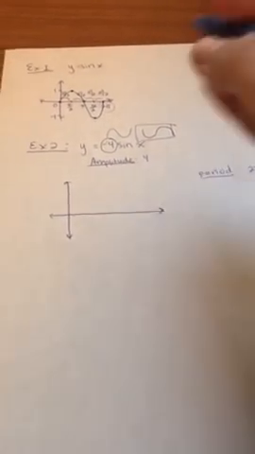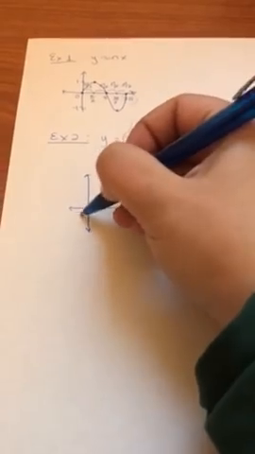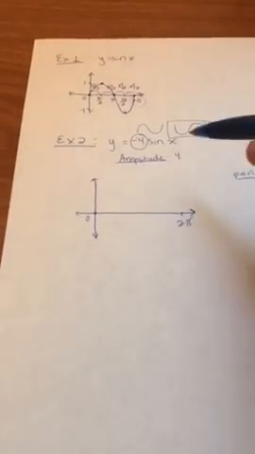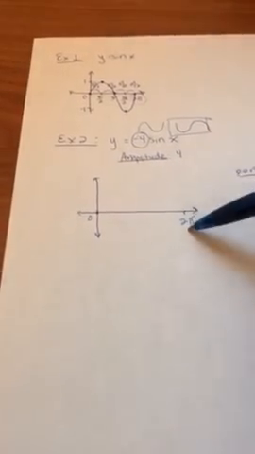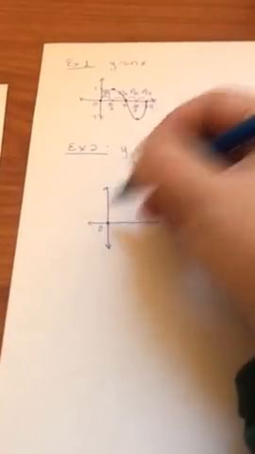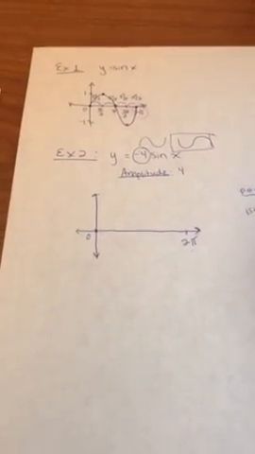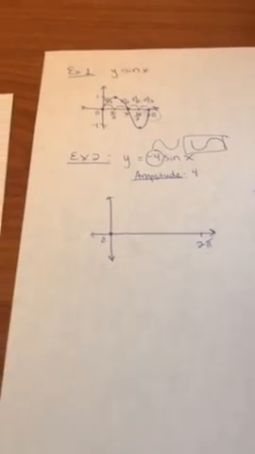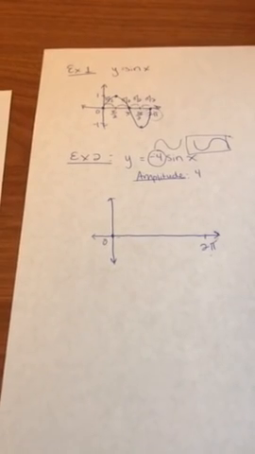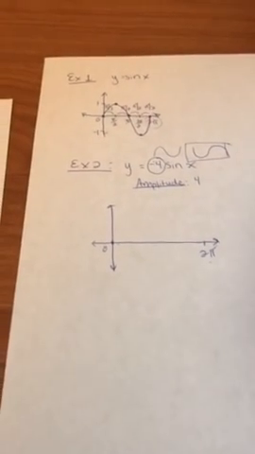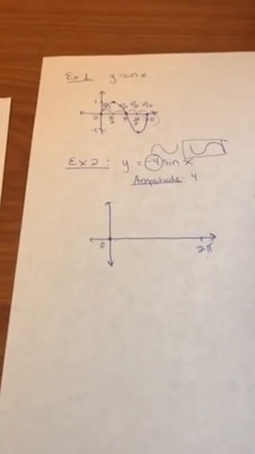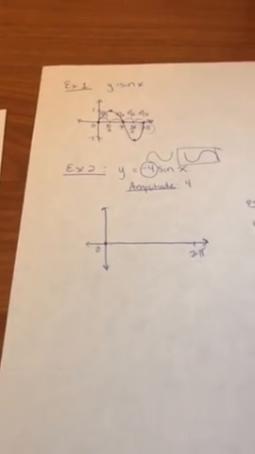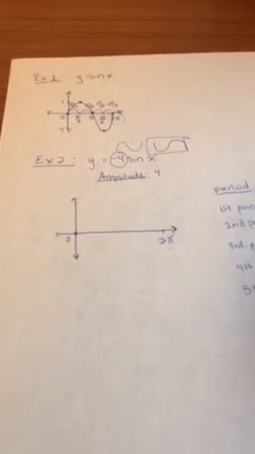And so I know that starting at 0, one cycle of this sine curve is going to go from 0 to 2 pi. So I have my first point at 0. I have to figure out where my second point is, my third point, my fourth point, and my fifth point.